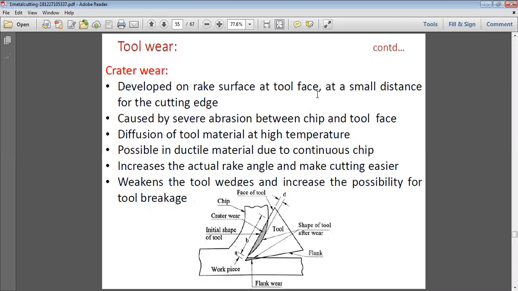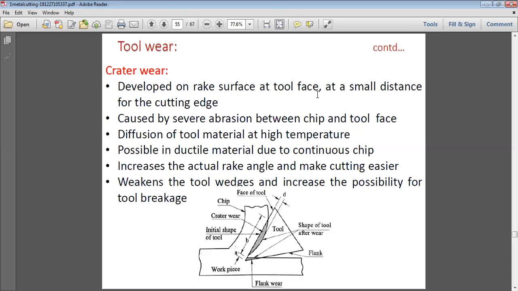When these continuous chips go on, they diffuse with the tool, and in the high temperature zone it takes off craters on the tool side, which is known as the crater.